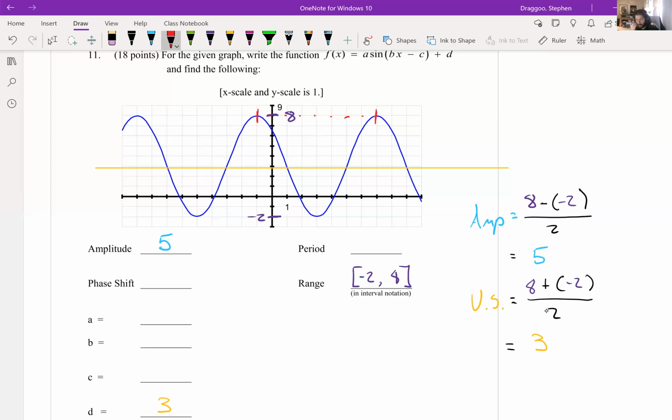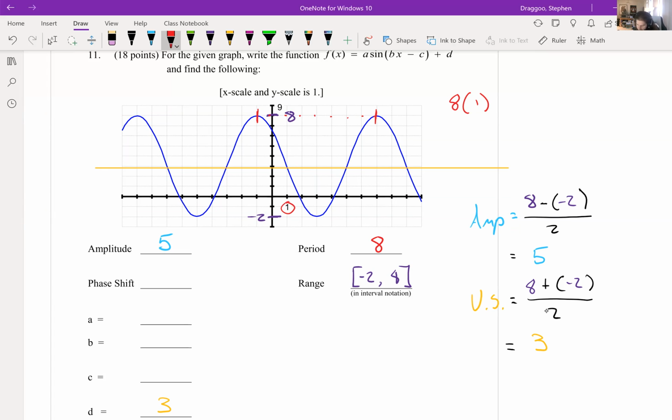That's how I was counting those, just counting along those boxes. And we have an x scale of 1, meaning that period is just 8 times 1. Since that scale down there is important.